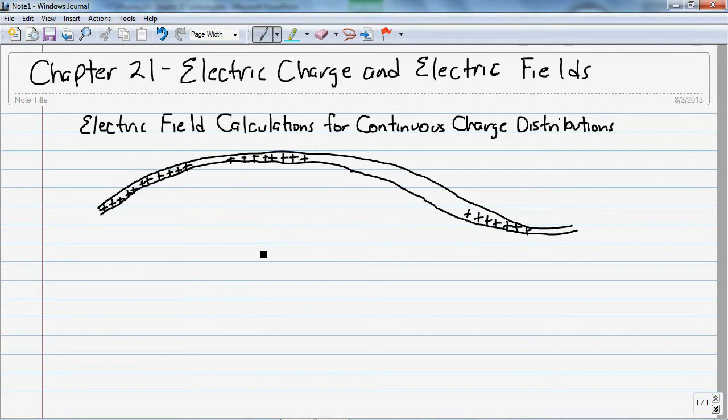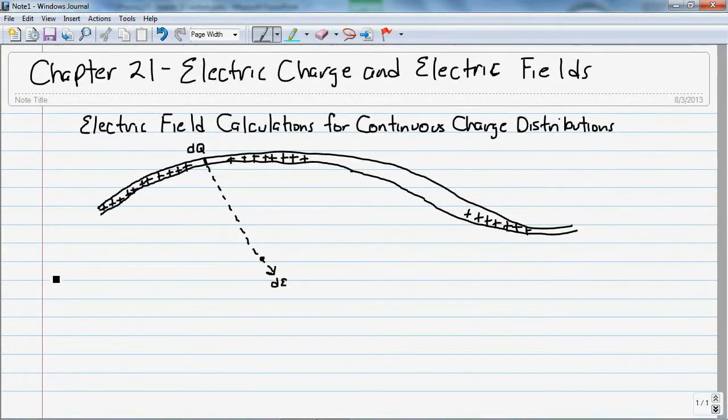And now the question becomes, what is the electric field at some point away from this charge distribution? Well, what we have to do is look at what we call a differential charge. If I have some little charge here, we'll call it dq, this little charge is going to have an effect on this point, some differential electric field.